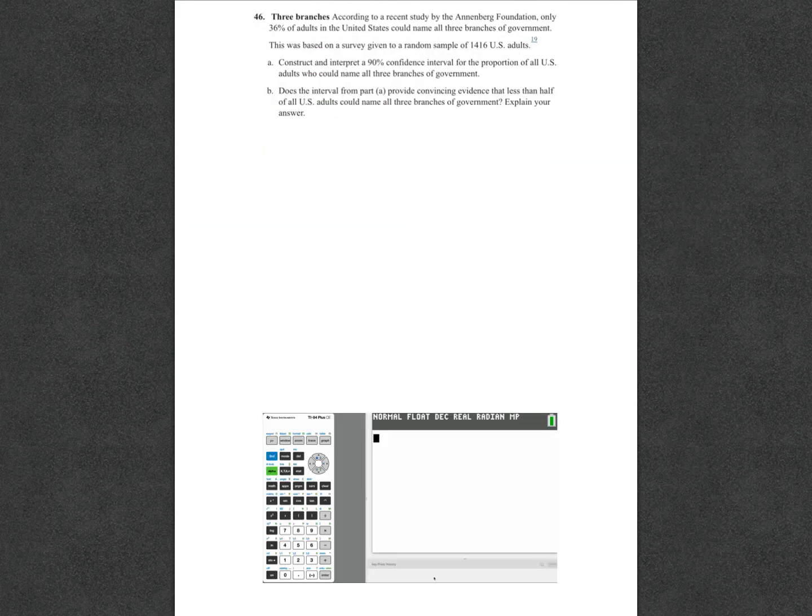Okay, so I'm going to do part A. They say in part A, construct and interpret a certain confidence interval. So we'll have to do the state, plan, do, conclude. Let's start out with state. Actually, let me read this problem. It was really short.